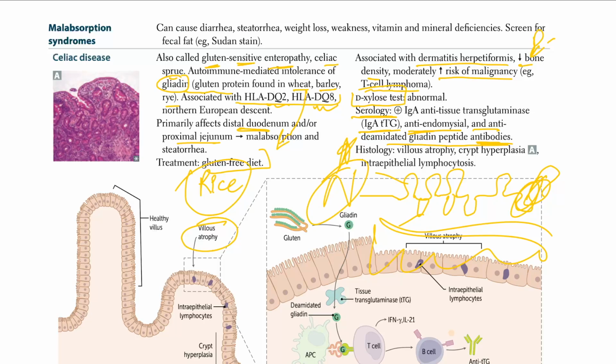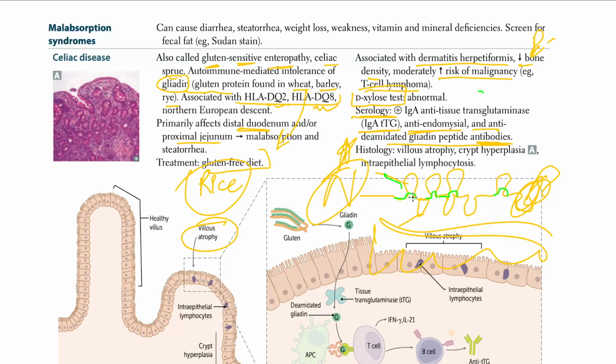Well, here you are going to have villus atrophy. Let me change color so you can see. Villus atrophy. So these villi are atrophied. Instead of all of that big, nice villi, you have very small, atrophied villi. And you have crypt hyperplasia.